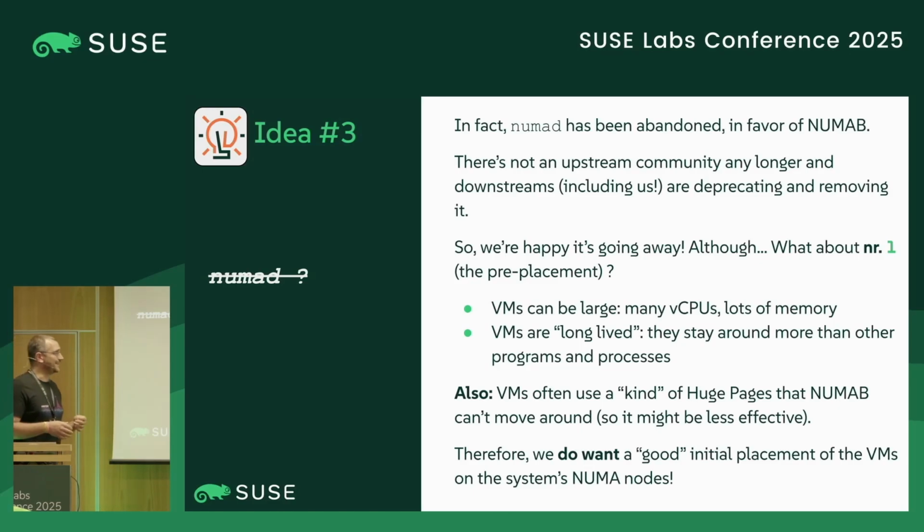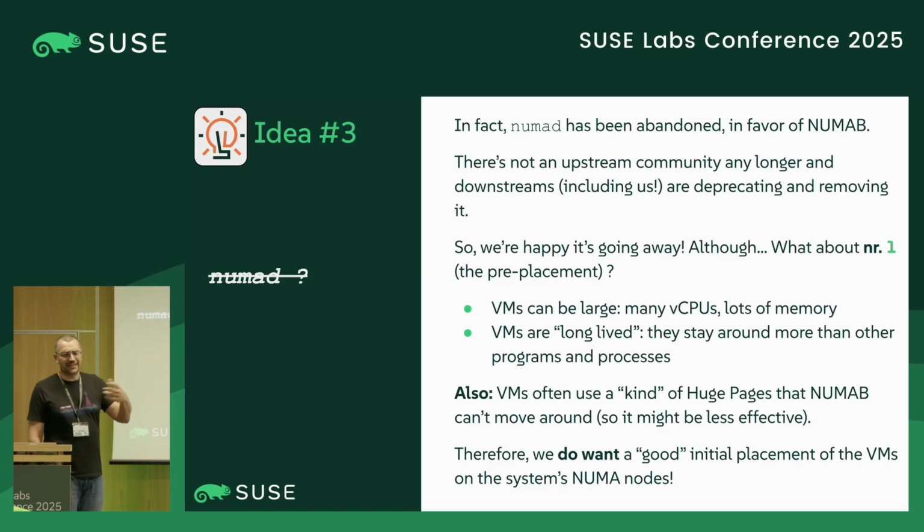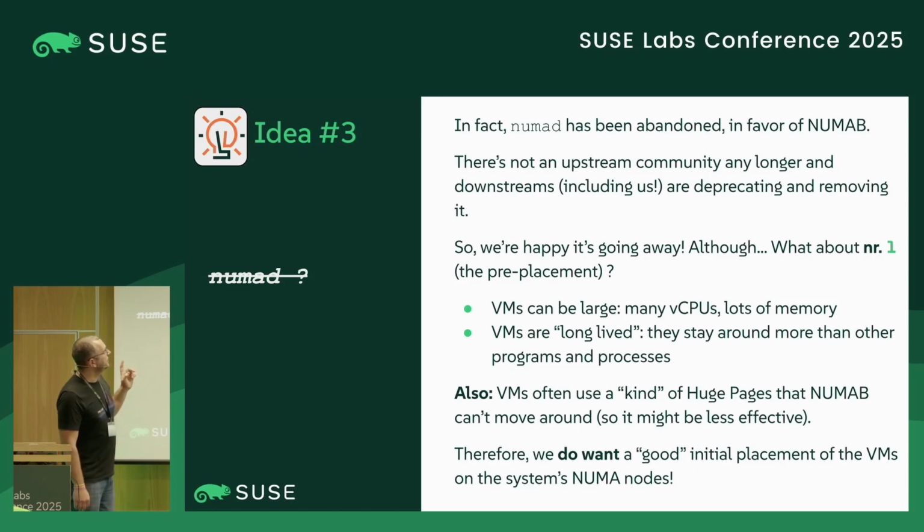And either SP7 or 16 would be the one where we actually get rid of it. Other downstreams like Red Hat or Ubuntu do ship it. But the upstream situation is not so great. So everyone, including us, has quite a few downstream patches, and of course, all different between different downstreams. So, not great.